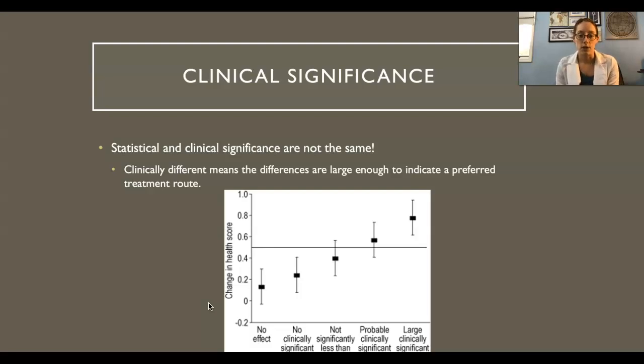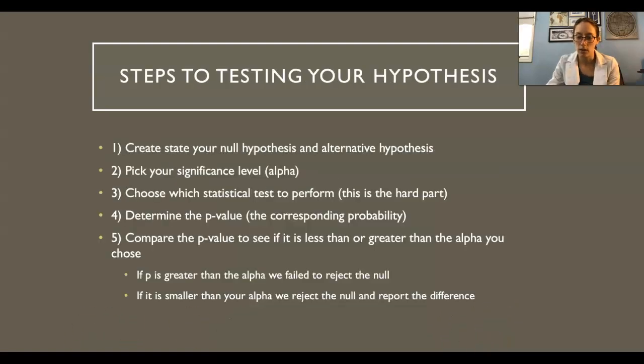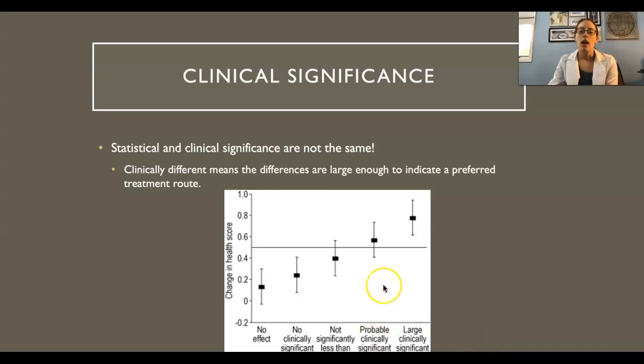Clinically different means the differences are large enough to indicate a preferred treatment route. So for example, here's our little option here. There's no effect. Maybe there's a clinically significant effect. Maybe it's a large clinically significant effect.